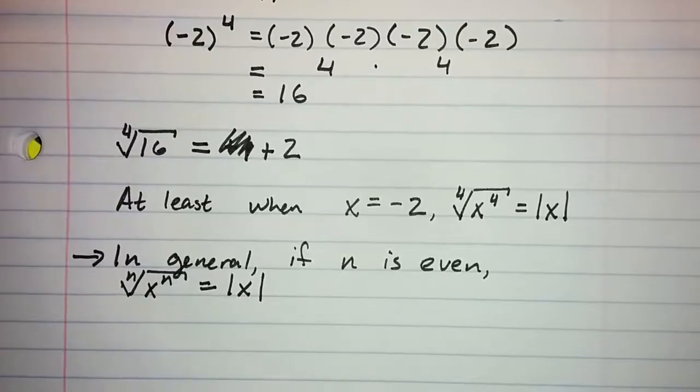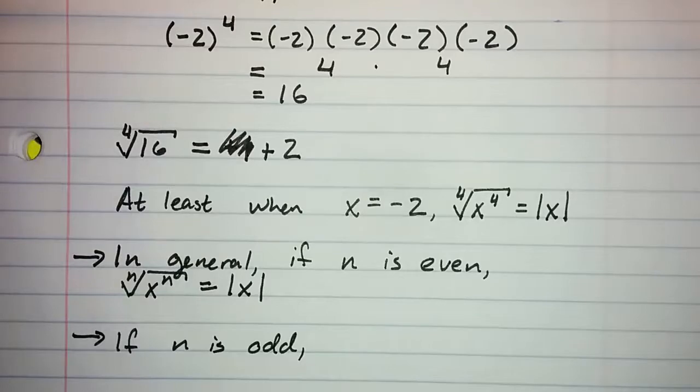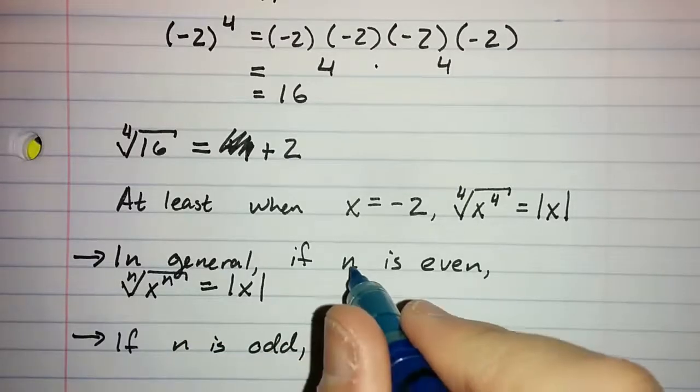What about odd? Well, if I take an odd power of a negative number, I get a negative number back. That's no problem. So with an odd power, and then the same root, I do not need an absolute value. I only need to introduce this absolute value.